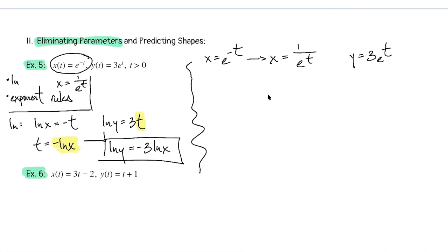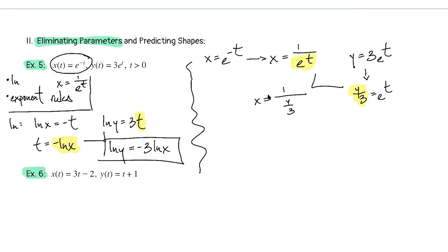You can plug in y over 3 where that e to the t is. Okay, so you isolated the e to the t in the second equation, and you said y over 3 equals e to the t. And then everywhere I see e to the t, I put in y over 3. So these two together will give me x equals 1 over y over 3.